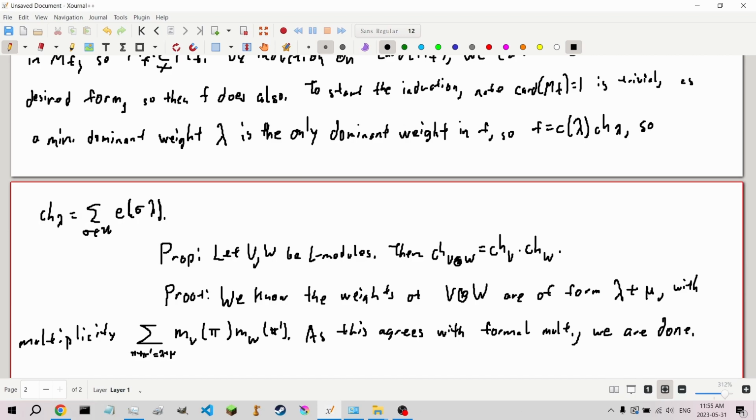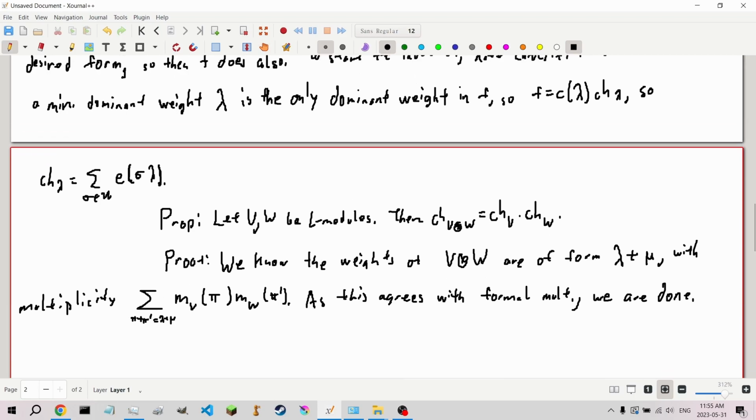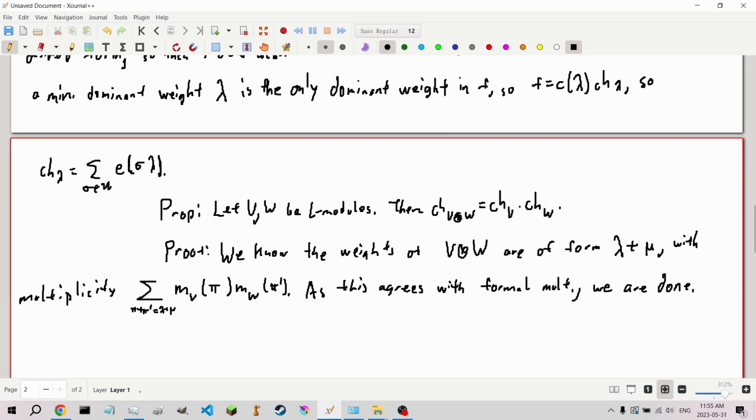So up next we are going to be looking at characters from a more formal sense, it looks like. Characters.